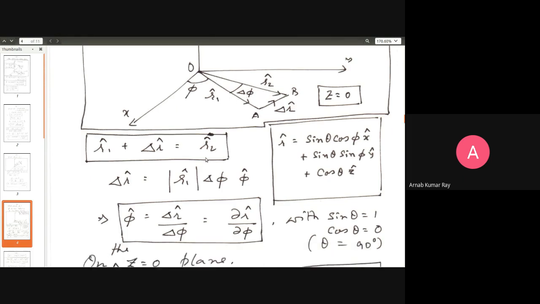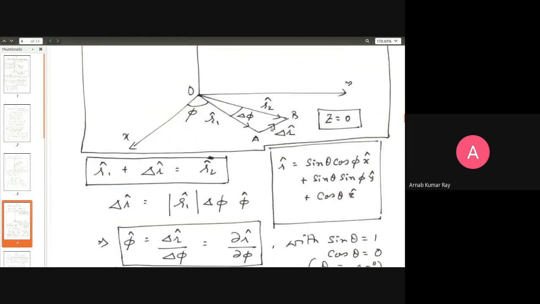So now let us apply the law of vector addition. R2 cap is equal to vector R1 cap plus delta R cap. And then delta R cap is equal to the magnitude of R1 cap times delta phi cap.